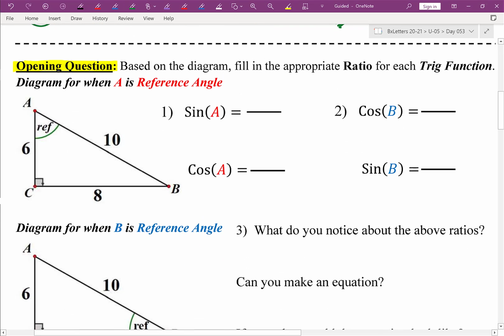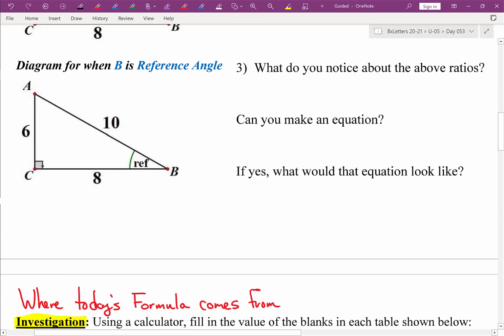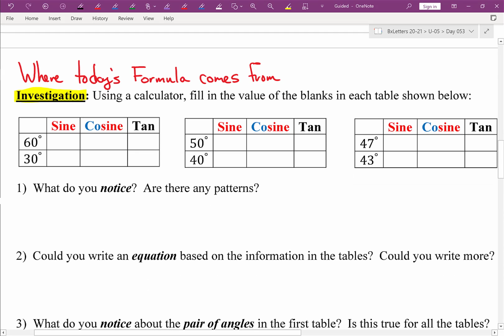Okay. Today's lesson is broken down into three parts. An opening question, which is meant to get the brain juices going and give you some reference as to what we're doing today. I would definitely do that. And then here's the investigation. If you want to just look at it, I would do it. I think all of this is important, but this is not the tool you're going to learn and use today.